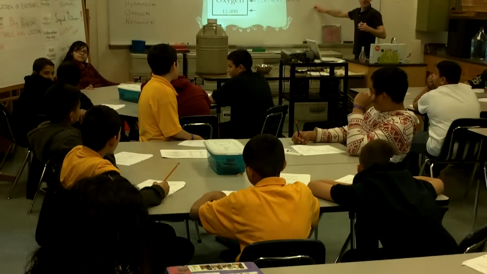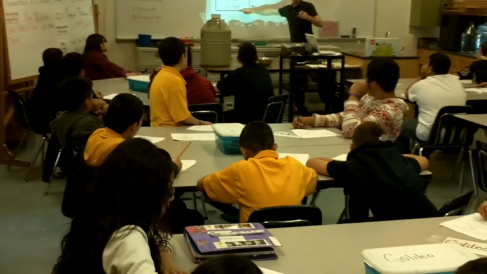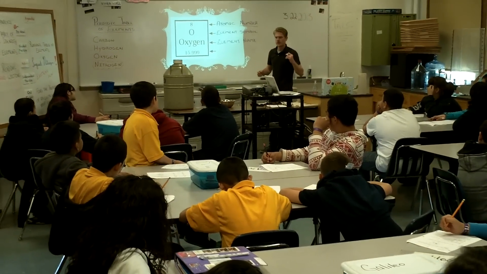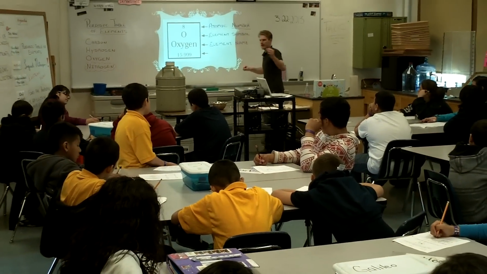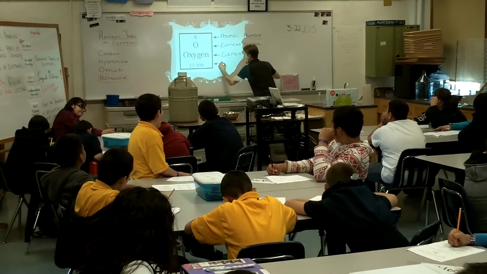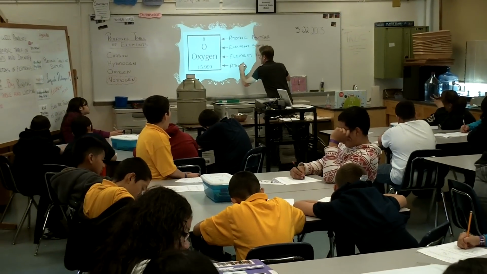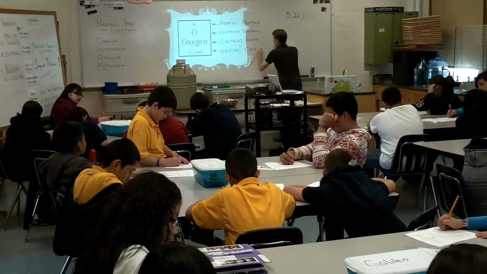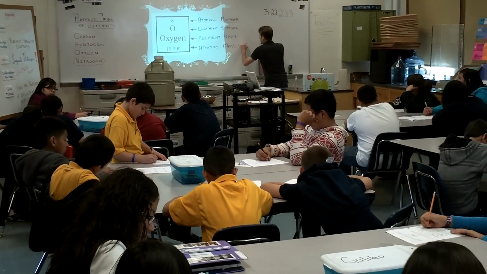Okay, finally, this number here, it's a decimal. This is the weirdest one. There's a reason I underlined number, because it starts the same way. This is called the atomic mass, or atomic weight.